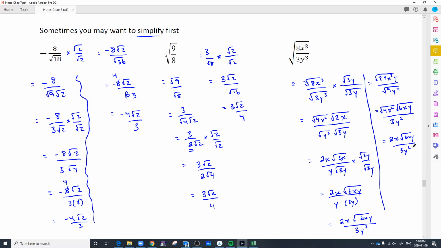So hopefully that hasn't confused you, but the moral of the story is you are rationalizing denominators. You are turning irrational denominators into rational numbers. 2 options. You could multiply by the radical in the denominator, or you could multiply by something that will create a perfect square in the denominator. Entirely up to you.